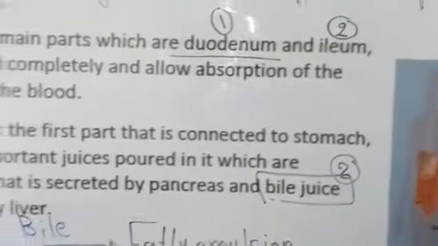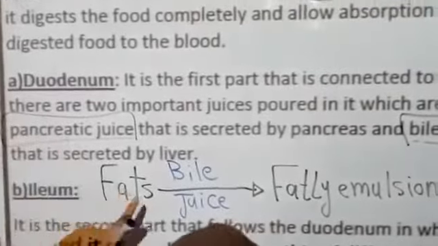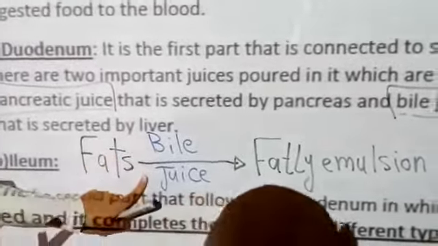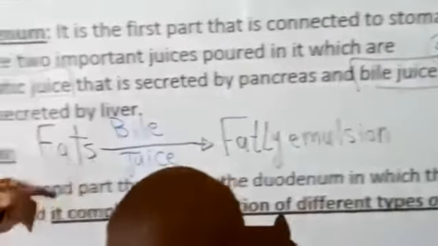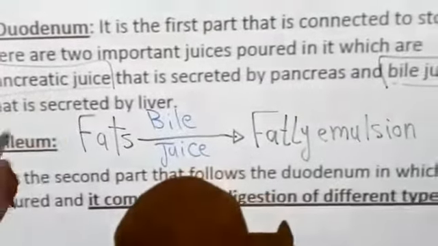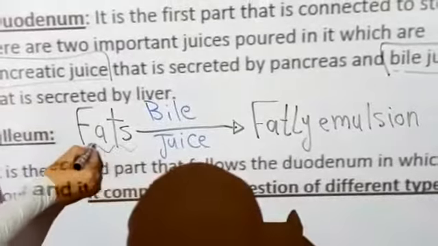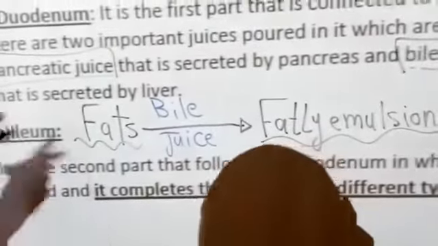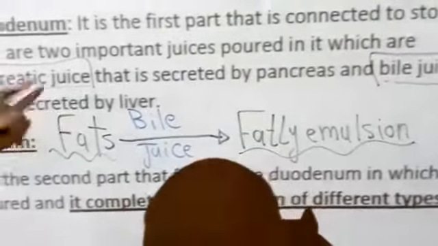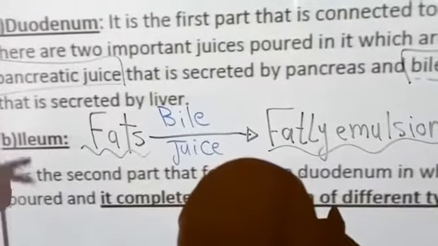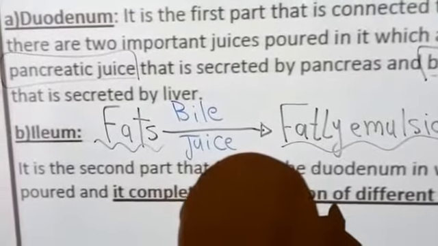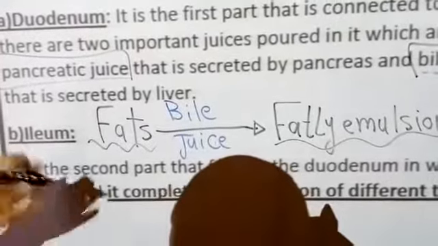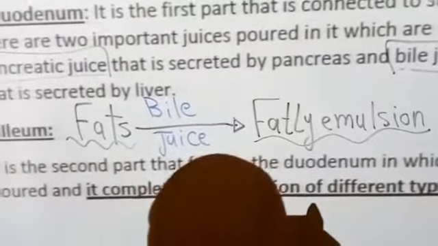Let's start with the bile juice. Bile juice is secreted by the liver. Why? To change fats into fatty emulsion. And what about pancreatic juice? It is secreted by the pancreas to complete digestion of food.